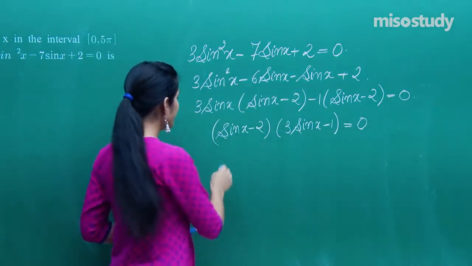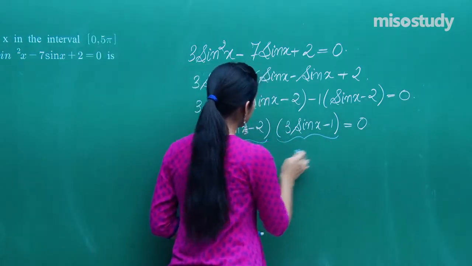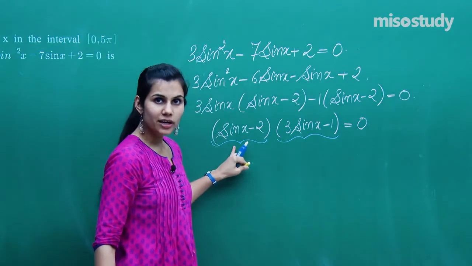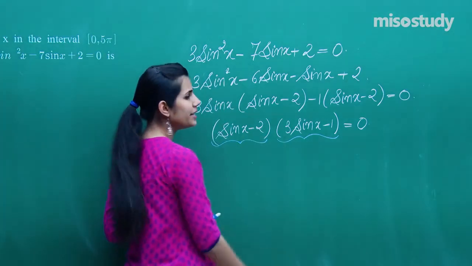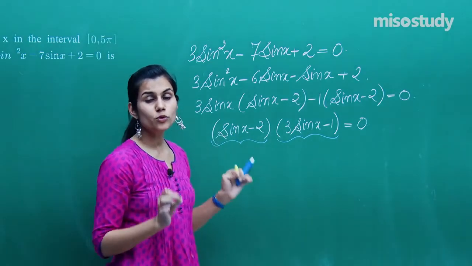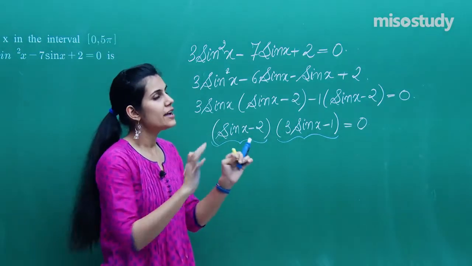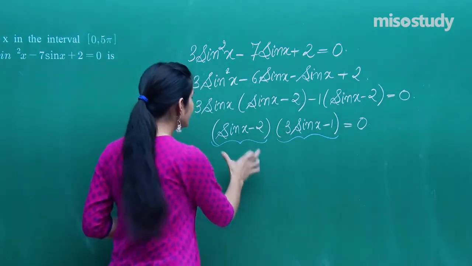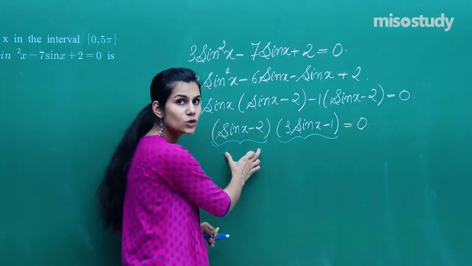Now see, if the product of two things is 0, either this is 0 or this is 0. But can this be 0 ever? Sine x minus 2 being 0, that means sine x is equal to 2. But sine x maximum to maximum can be 1, it can never be 2. So this can never be 0. If this is never 0, that means this is non-zero.